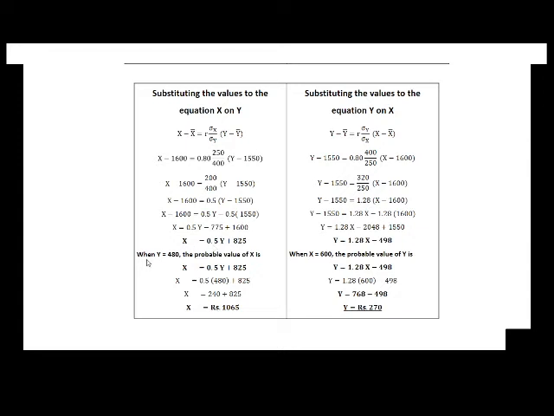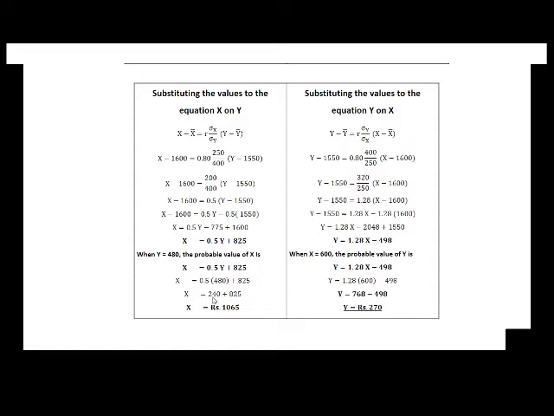We can find the probable value of x when the y value is 480 by the equation x is equal to 0.5 y plus 825. X is equal to 0.5, the value of y is 480, plus 825.